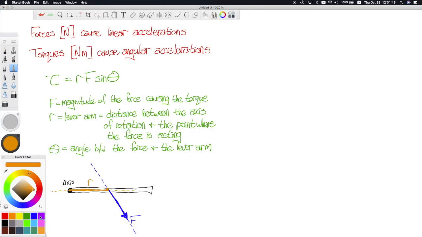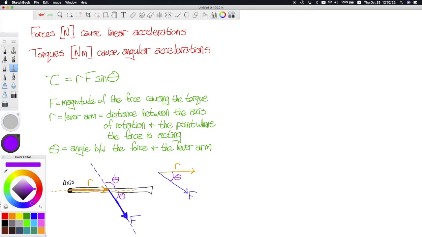Because the theta that we need here could be either of these angles. It could be this angle here, or it could be this angle here. And it turns out, thankfully for all of you, that either of these angles will work. Technically, r is a vector, and technically, like we do in the work equation, we would connect these vectors tail to tail, and we would need the angle between them, theta.